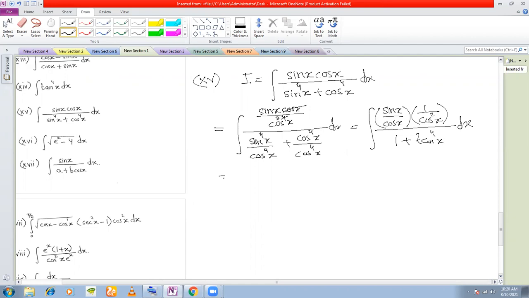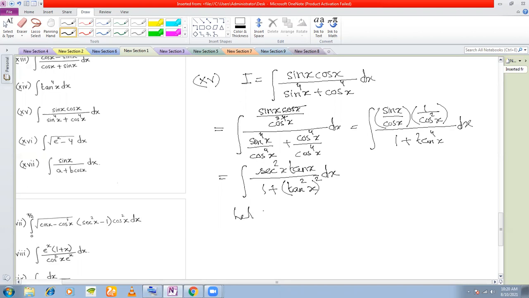Now I write the numerator as sec square x tan x divided by 1 plus, now here tan to the power of 4 can be written as tan square x whole square, dx. Now if you differentiate tan square x, you will get sec square x tan x.